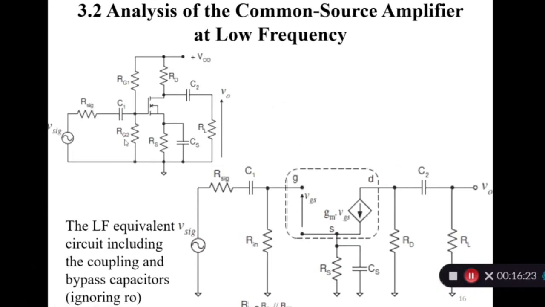For example, this is the circuit. You are very familiar with the circuit, you have done so many analyses in analog electronics. E signal, R signal, C1, RG1, RG2, drain resistance, source resistance, CS, C2, R. It's the equivalent low frequency circuit.